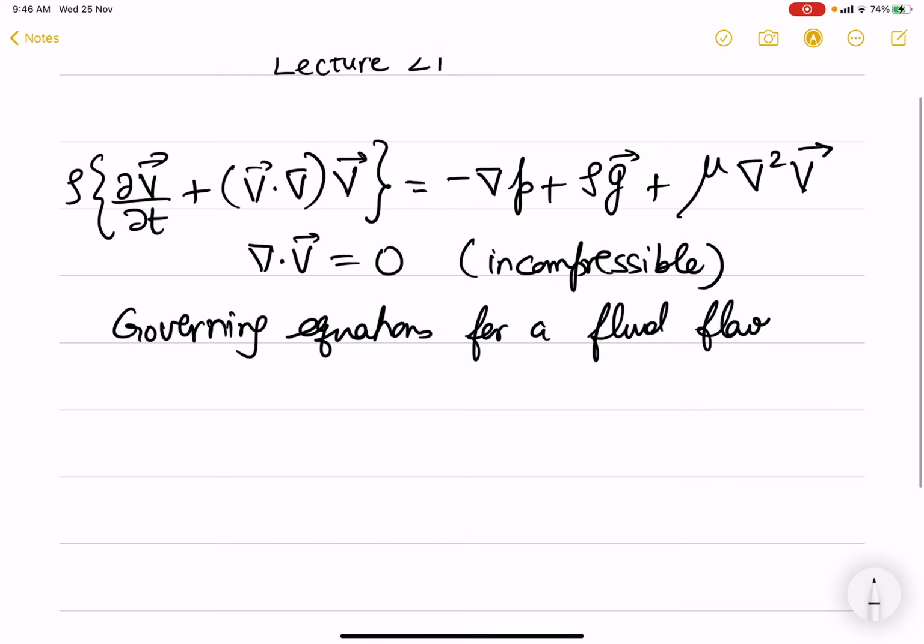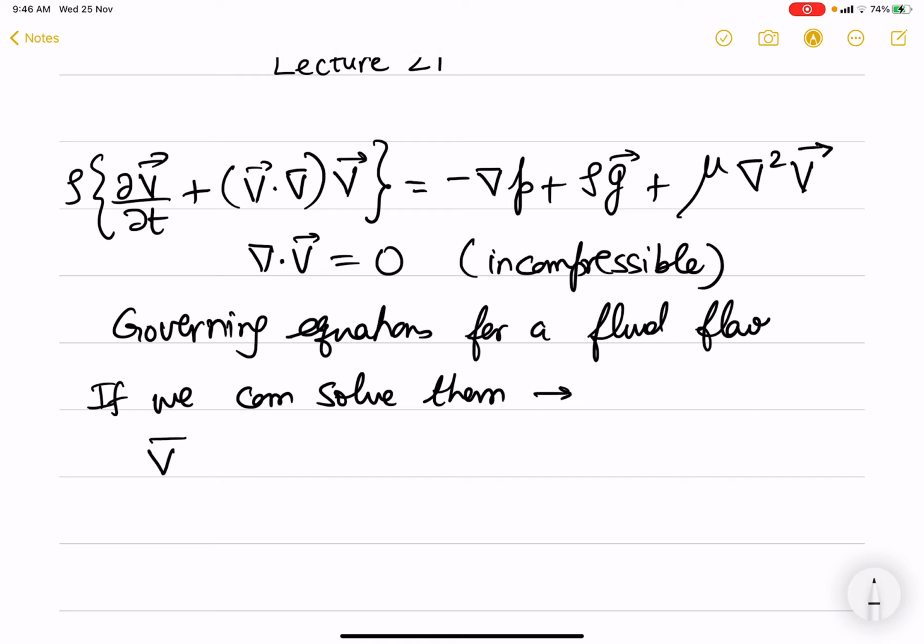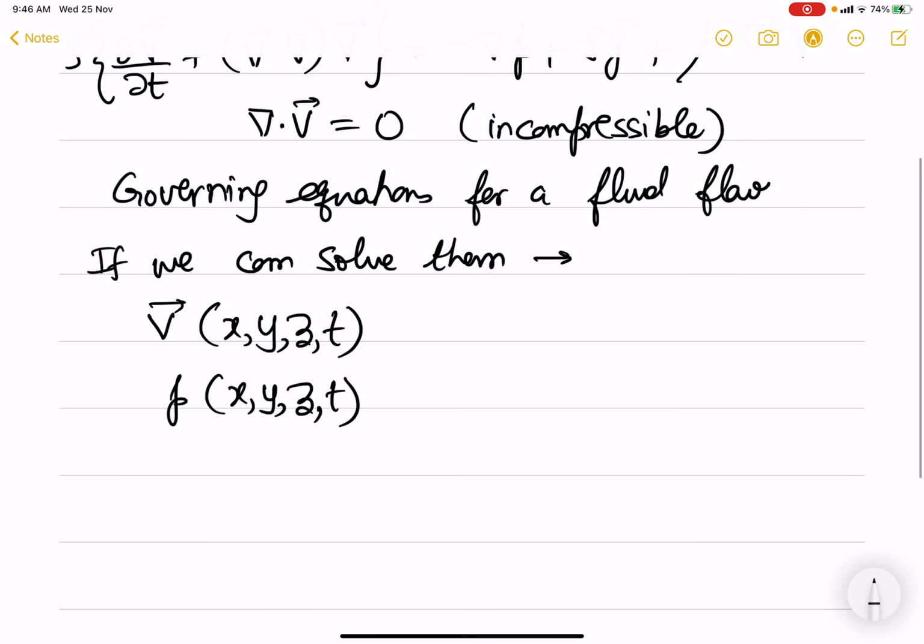And if we can solve them, then the solution will give us velocity as a function of x, y, z, t and pressure as a function of x, y, z, t.